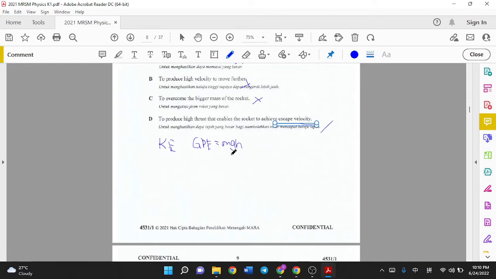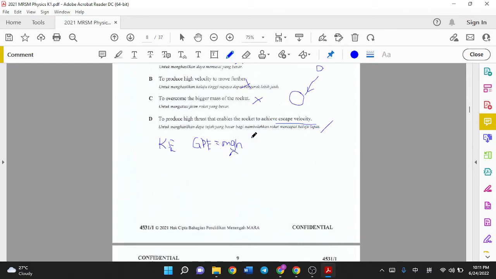But in this case, we cannot use this equation again, because the object is very far away from the Earth, so the gravitational acceleration is no longer the same. So you can no longer use this equation.